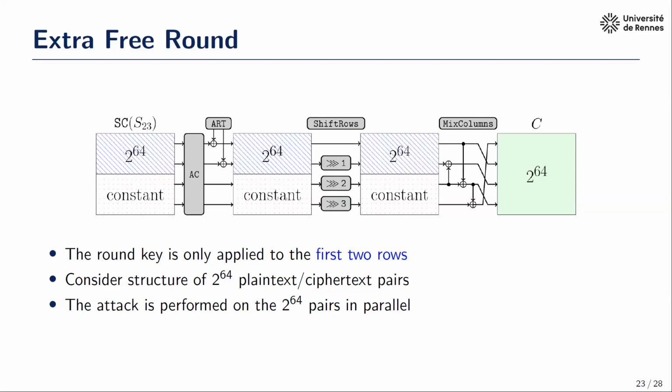Here we pick some constant, and this part takes all 2^64 values. Before the key addition, it will be exactly the same in a different order: we have the exact same structure, all the possible values here and 1 constant here. So we can apply the attack for the 2^64 messages in parallel, and that's why it does not increase the complexity.